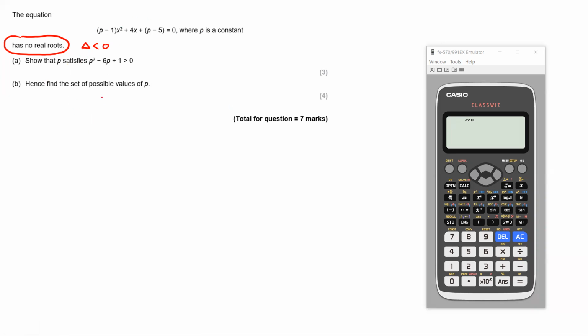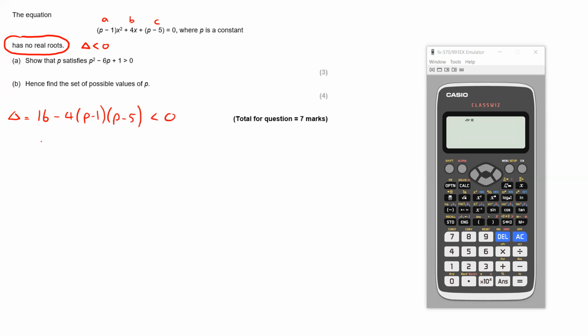So having a look at this particular thing, the discriminant itself. So this is A, this is B, this is C. So A is P minus 1, B is 4, and C is P minus 5. So the discriminant for this is B squared, which is 16, minus 4 times A, which is P minus 1, times C, which is P minus 5. And this needs to be less than 0.